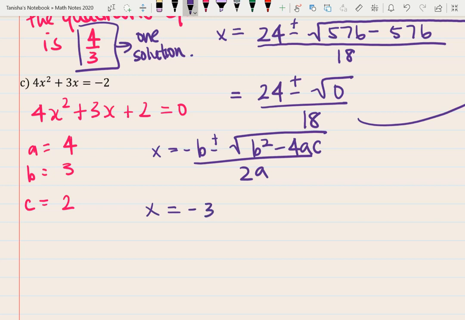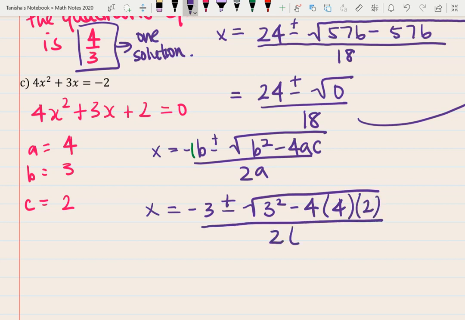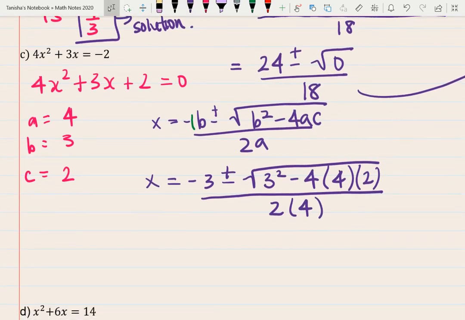Because the negative is being multiplied to the b, or -1 is being multiplied to the b. -1 times 3 is -3, plus or minus the square root of 3 squared minus 4 times a, which is 4, times c, which is 2, all over 2 times 4. Okay, the setup is very important.